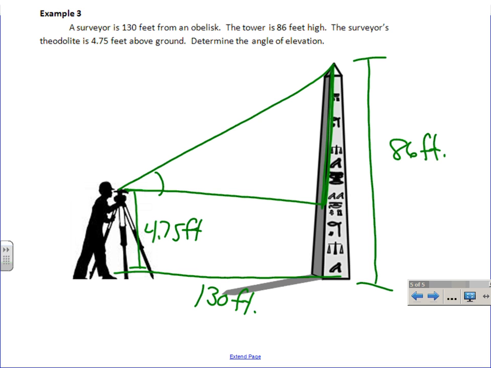But luckily we know that this distance right there is 4.75. So basically we have to cut off the 4.75 from the 86. And I saw some calculators at work there, which is a little bit sad, but 81.25 feet, of course.